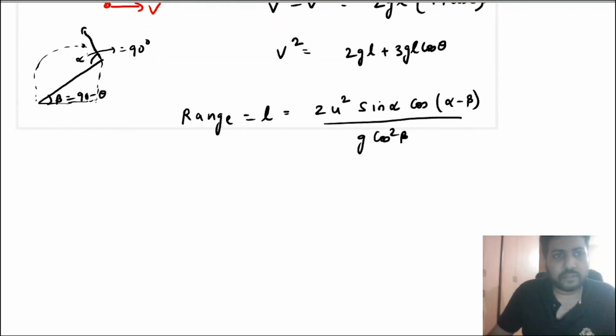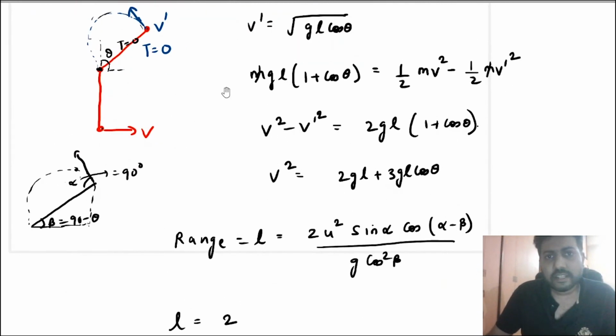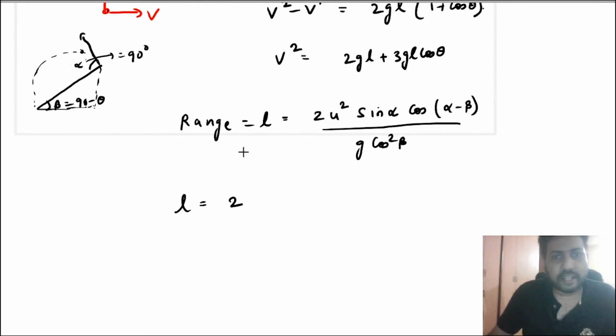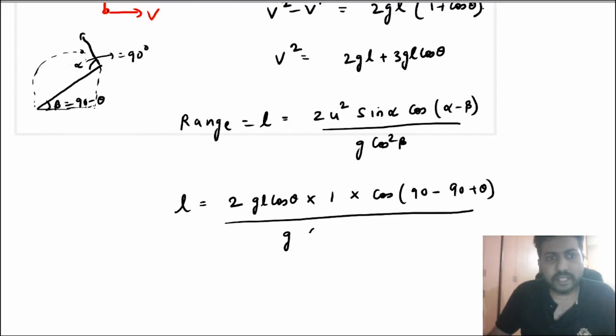So from this you will get L is equal to 2 u squared. What is the speed at this point? The speed at this point is v dash, that is root gl cos theta. So you can write u square is gl cos theta multiplied by sine alpha. Now alpha is 90 degree into cos alpha minus beta, that is cos 90 minus 90 plus theta divided by g cos square beta, that is g cos square 90 minus theta.